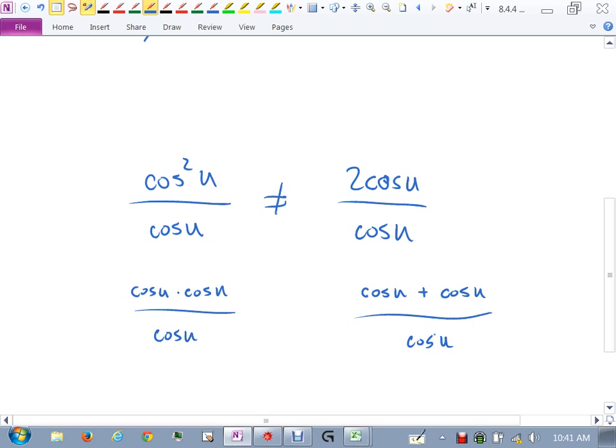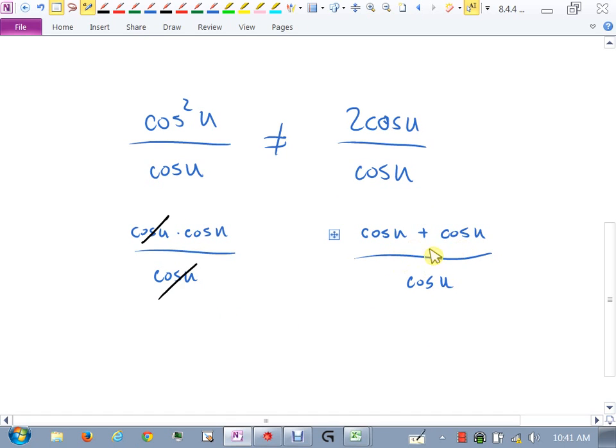So here you can cancel one out, and you're just left with cosine u. Here the most you could do is break it up into 2 fractions, because we have 2 terms on top, 1 on the bottom. So you say cosine u over cosine u plus cosine u over cosine u. But what's cosine u over cosine u? 1 plus 1, which is 2, which is the same thing you would have got had you just canceled them to begin with. You see the difference? Okay. Those are the little subtle pieces of algebra that are going to slowly start to really get solidified in your mind. When you have to do this stuff, you can't make algebraic mistakes, so you really start to learn it.